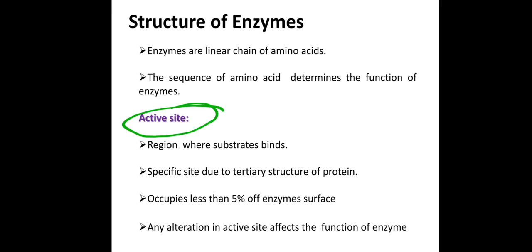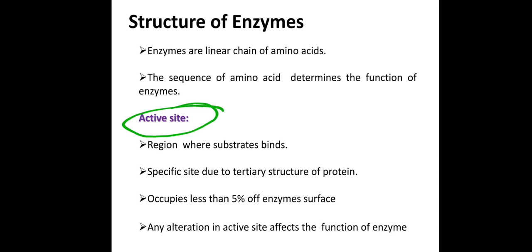Enzymes are specific, and these sites are specific because of the tertiary structure of the protein. This site generally occupies less than 5% of the enzyme surface. They are present on the surfaces anyway.